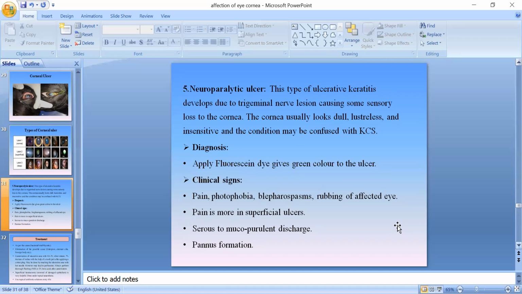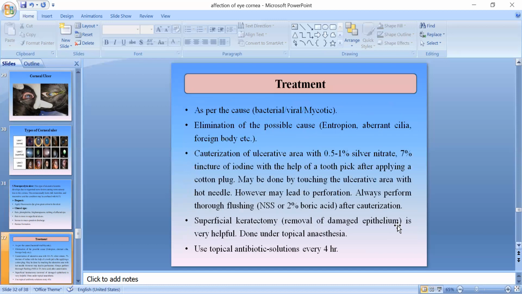After that, the affected part of the corneal ulcer will be vivid green. Clinical signs: pain, photophobia, blepharospasm, rubbing of the affected eye. Pain is more in superficial ulcers. Serous to mucopurulent discharge and pannus formation.